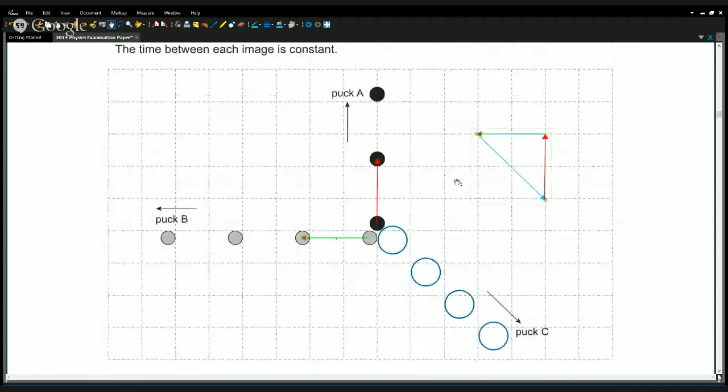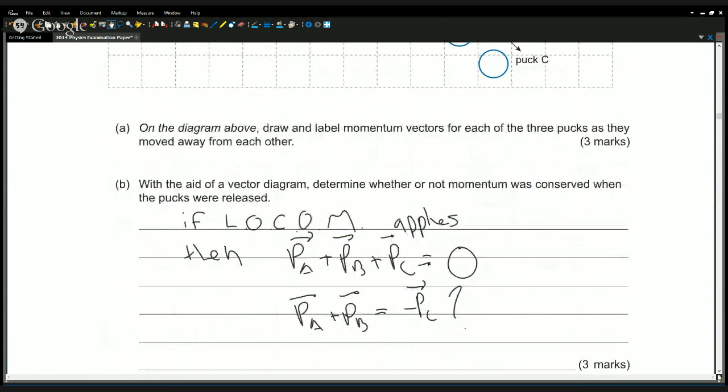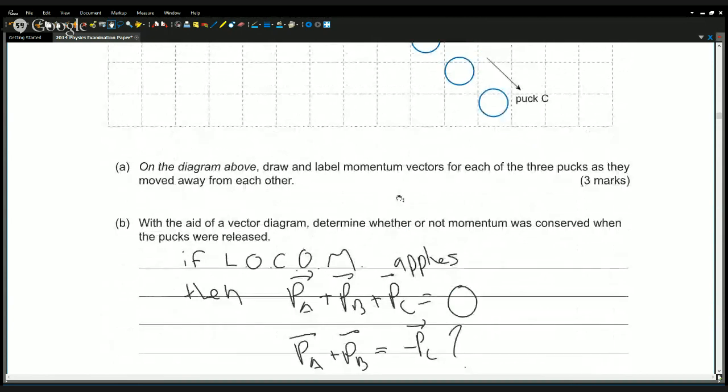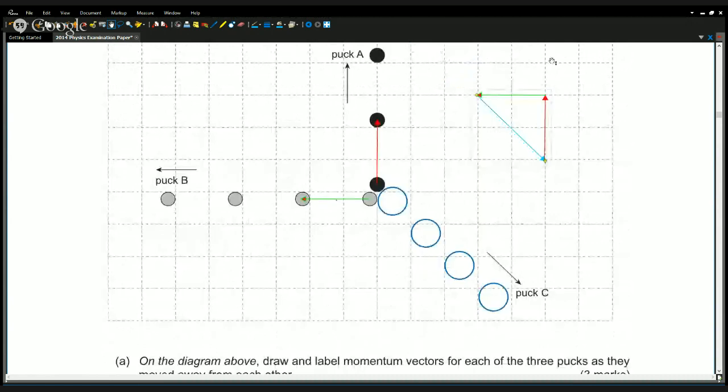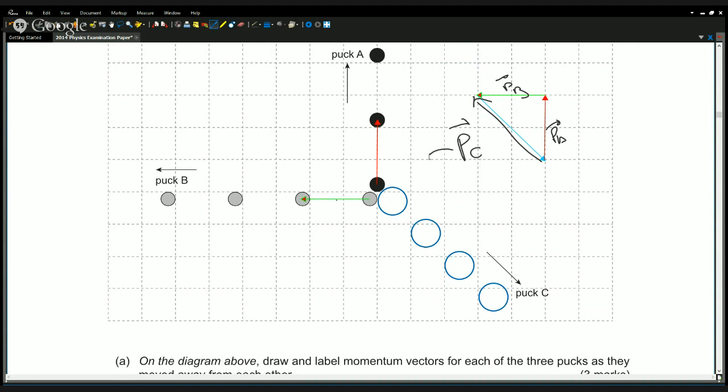Now, if you know your theory from vector proofs in specialist maths, you know that the sum of vectors equals 0 is a closed bound object. But if you separate them out and do the vector sum, let me just draw this over the top. The vector sum of PA and PB, the vector that I drew as a vector sum, goes up that way, and that's PC, or negative PC actually, because it is the opposite direction. Yeah, proof.